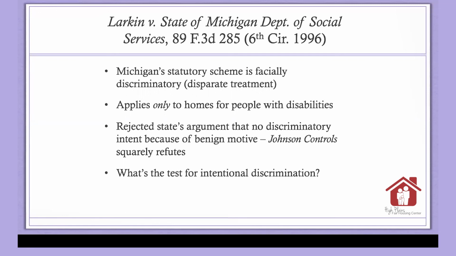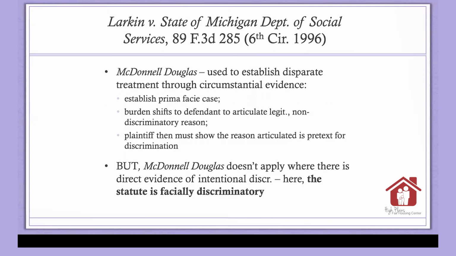That's intentional discrimination. So the court also looked back at the employment discrimination framework of McDonnell Douglas, which is used to establish disparate treatment through circumstantial evidence. We establish a prima facie case, the burden shifts to the defendant, here the state of Michigan, to articulate a legitimate non-discriminatory reason for its spacing and notification policy.